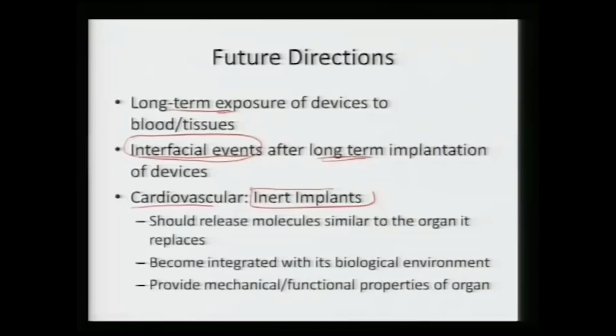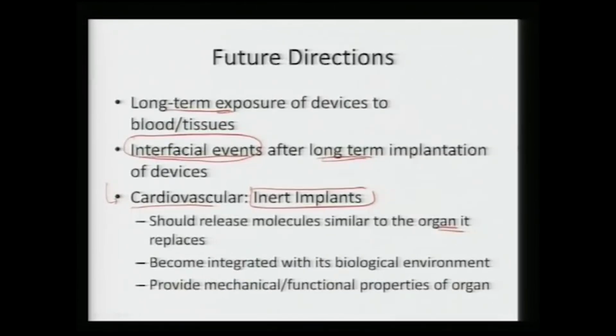So, overall inert implants have to be utilized for the cardiovascular devices. And again, the overall functionality required by the cardiovascular devices is that they should release molecules similar to the organ which they are replacing.